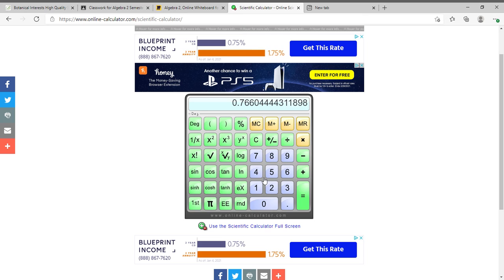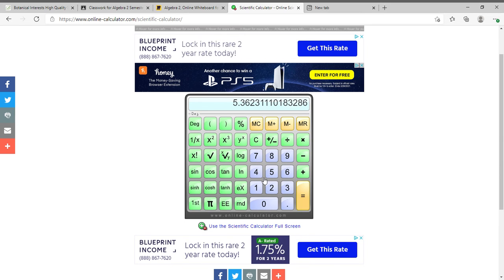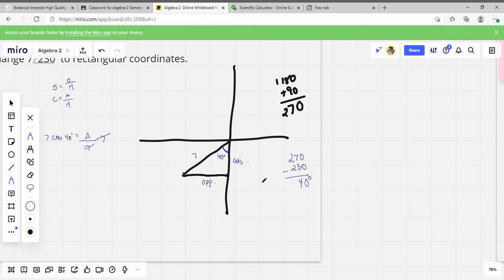Cosine times 7, 5.36. So this one right here is 5.36, and that's our up and down. Okay, and then our left and right is going to be the sine of 40 degrees equals opposite over hypotenuse, which was 7.